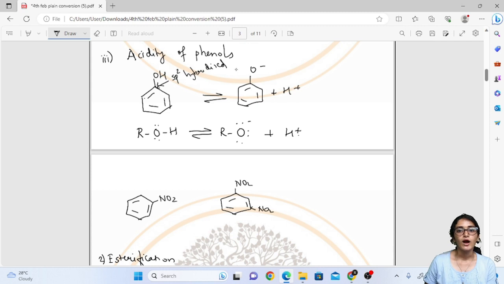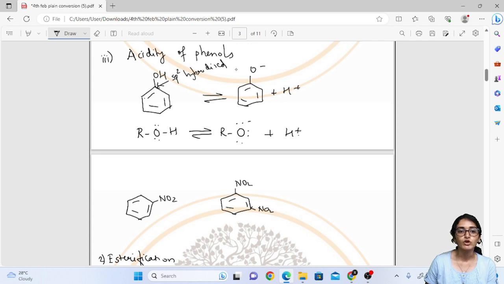Now how does ionization take place here? We have the O and H group here. What happens is that the negative charge on the oxygen atom is delocalized, since it is conjugated with the benzene ring, meaning here we have the OH group with the benzene ring.